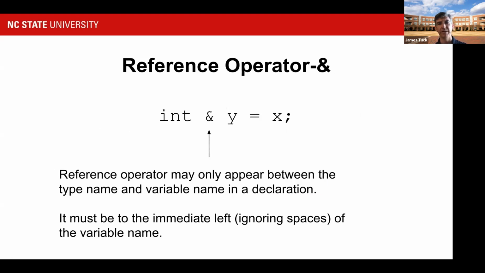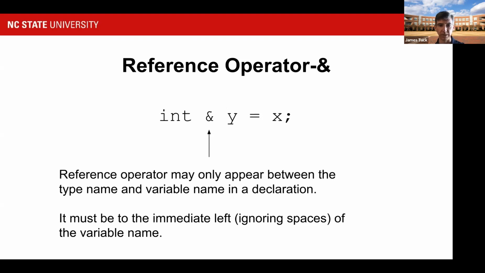It's easy to be confused at first about where you put this reference operator, but it's actually a really simple rule. Okay, the reference operator can only appear in a declaration. It can't appear anywhere else. And when it appears in the declaration, it's going to appear to the left side of a variable's name. So here I'm declaring y.